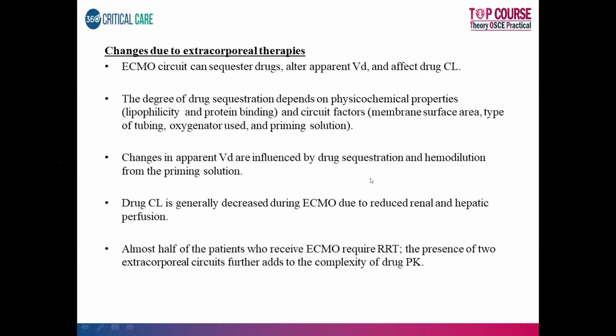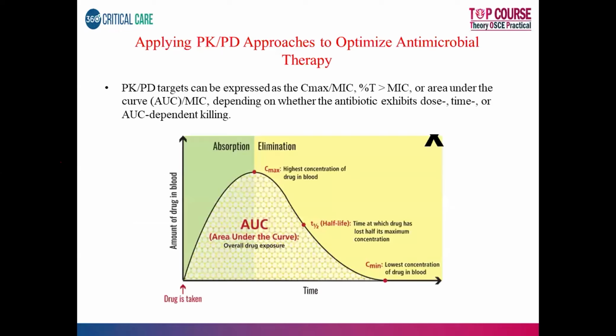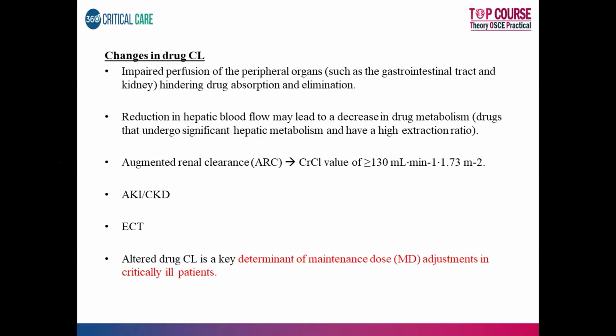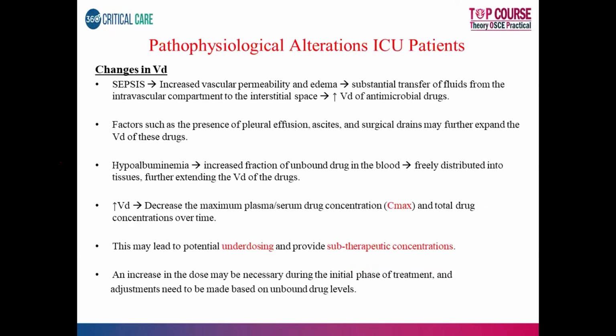And almost 50% of those patients who are receiving ECMO will also require RRT. So the presence of two extracorporeal circuits further adds to the complexity of the drug's pharmacokinetics. Okay, so these are the 5 important pathophysiological alterations which are seen in ICU patients.